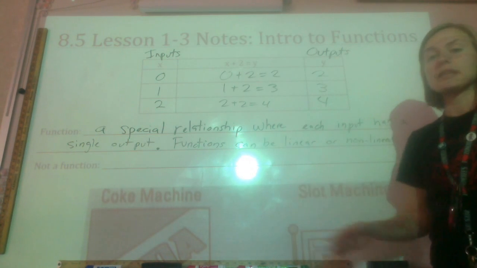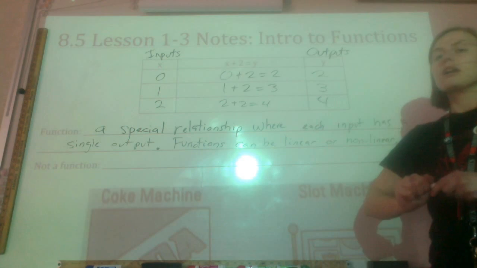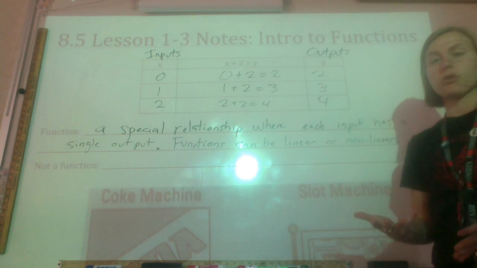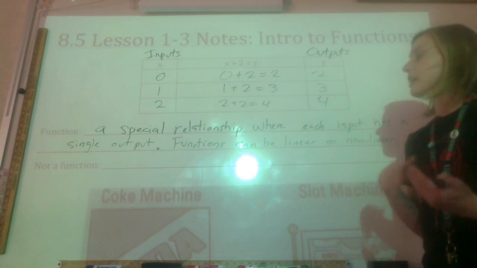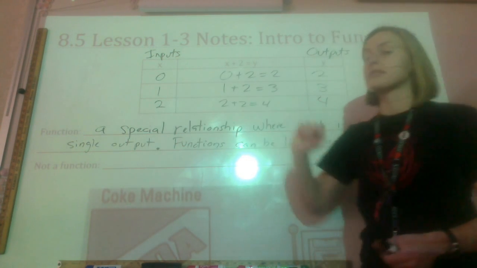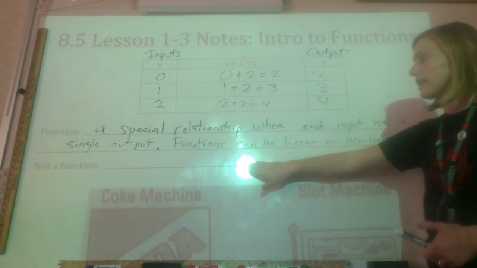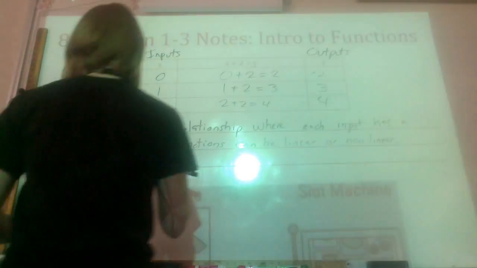And functions can be linear or nonlinear. I know we've been working a lot with linear equations, but now we're also going to start to incorporate nonlinear things, because as long as there's an output for every input and a single output for every input, then it is considered a function.